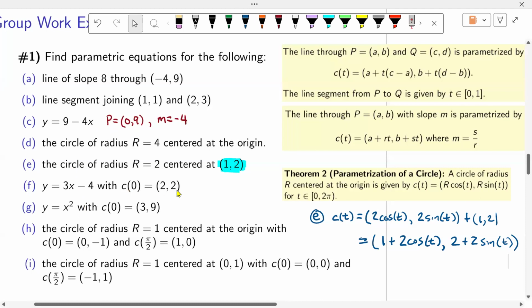See if you can figure out how to parameterize it so that that happens. Yeah, it's possible. And then G is weird because it asks you to parameterize a parabola. Much harder. Still doable.